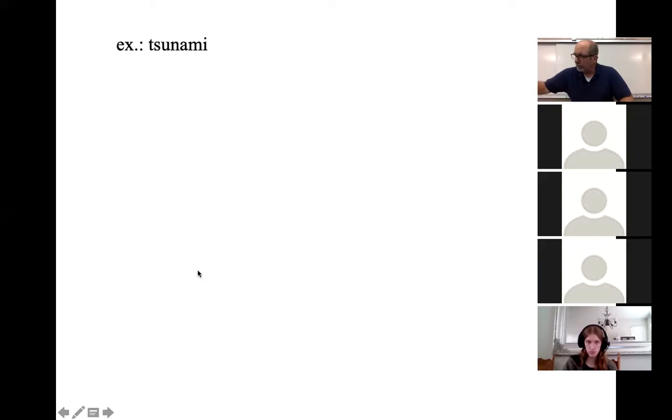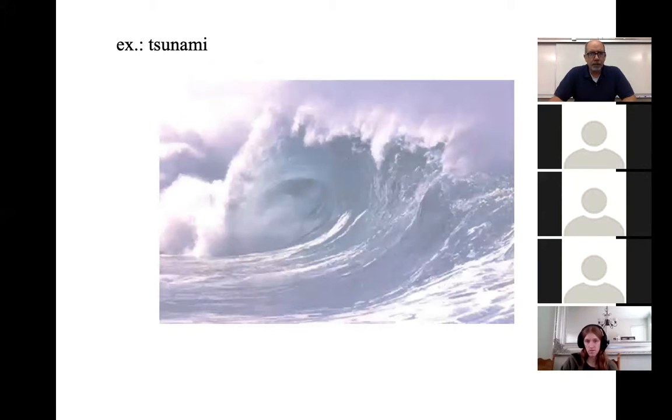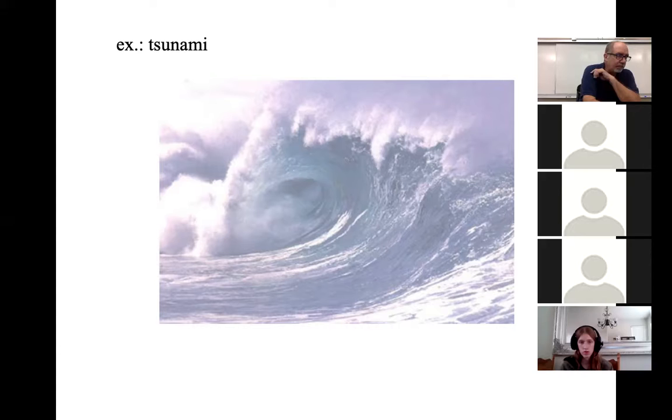Another example of one is a tsunami. Now they used to call these tidal waves, but they're not caused by tides. They're caused by undersea earthquakes or volcanic eruptions. And under the right conditions, they can create an incredibly large amplitude wave, okay? And these can travel through the ocean and land on the shore where all the people are, okay?